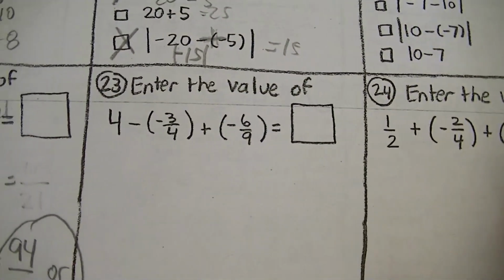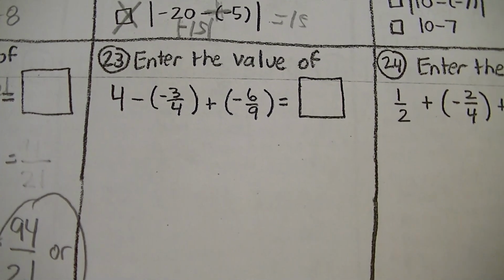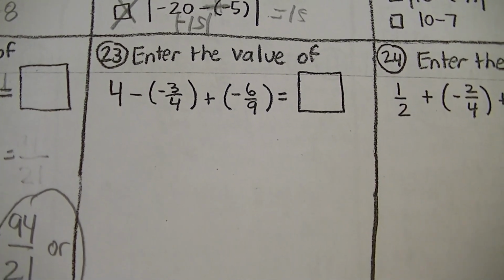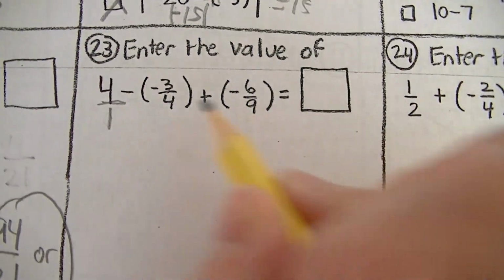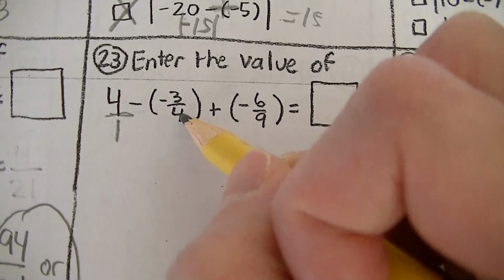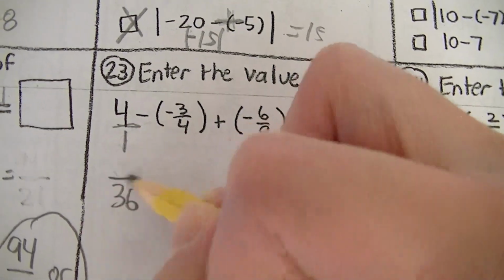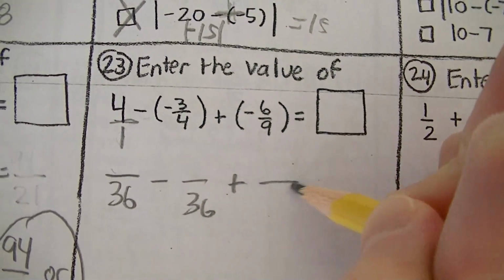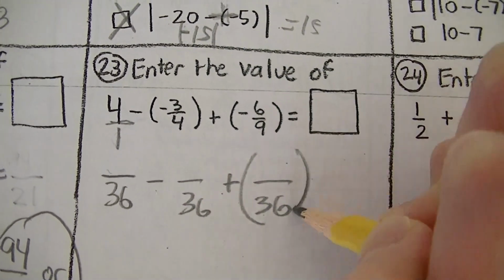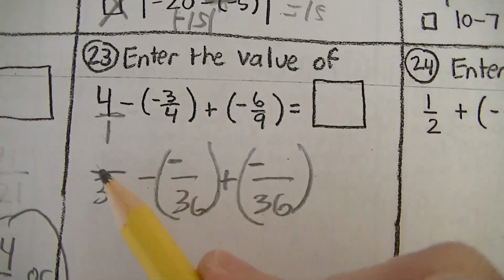Okay, 23, evaluate 4 minus a negative 3/4 plus a negative 6/9. Let's go ahead and get a common denominator for all 3 of those terms. It should be, let's see, 36. So I'm basically just copying down all my negative values and all that stuff.